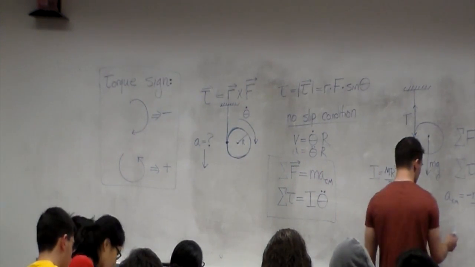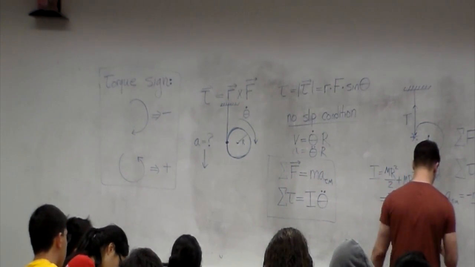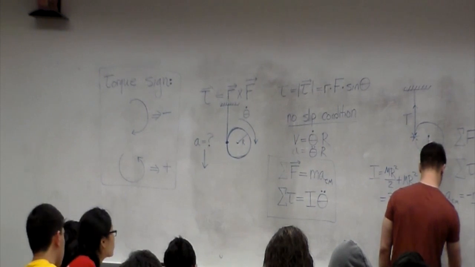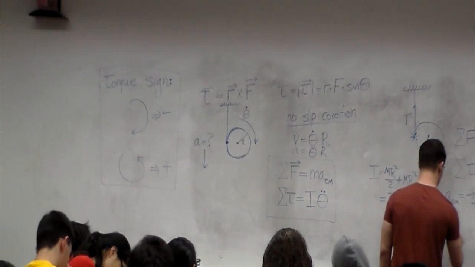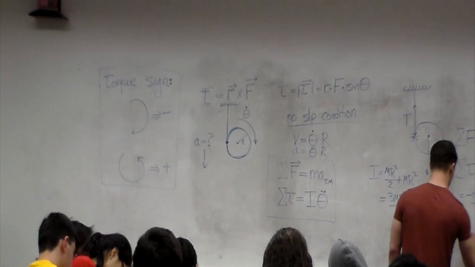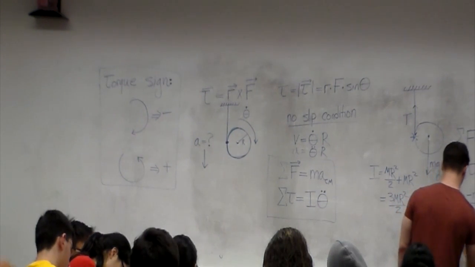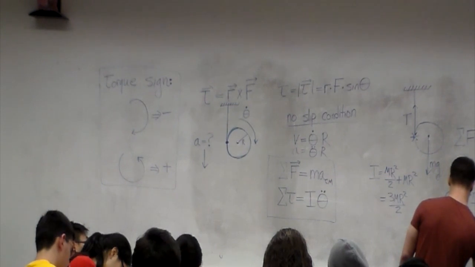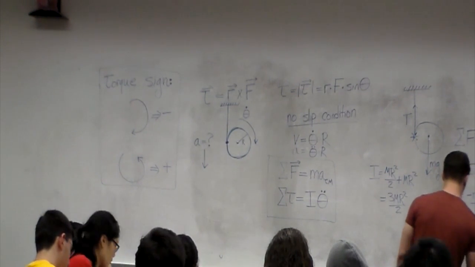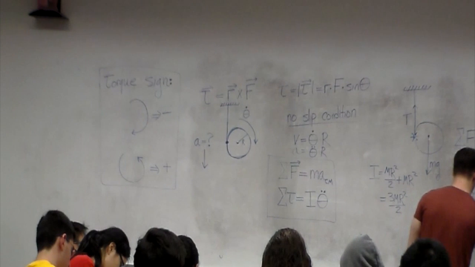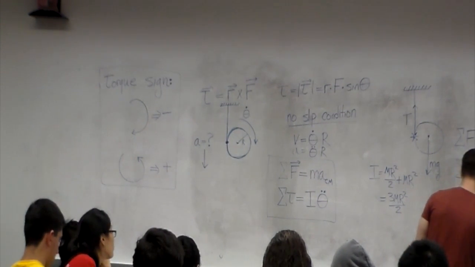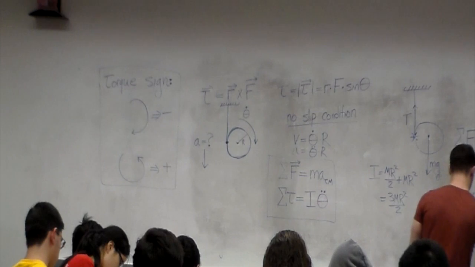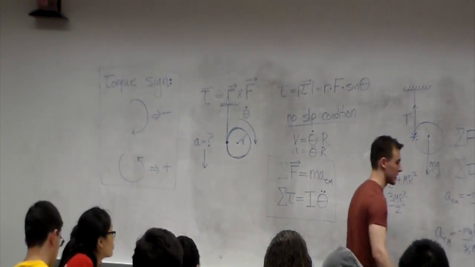And so if we plug this in, this is equal to minus m g r squared over 3 halves m r squared, which comes to a grand total of minus 2/3 g. That makes more sense, right?